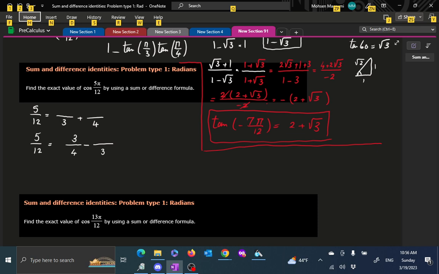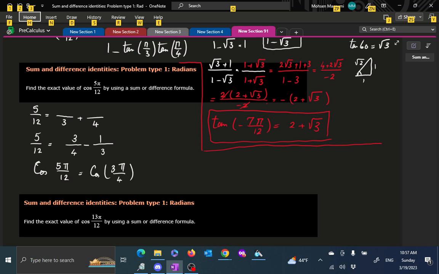So after a few trials and errors, you see that 3 and 1 works here, because 3 times 3 is 9, 1 times 4 is 4, 9 minus 4 is just 5, and that one would do it.